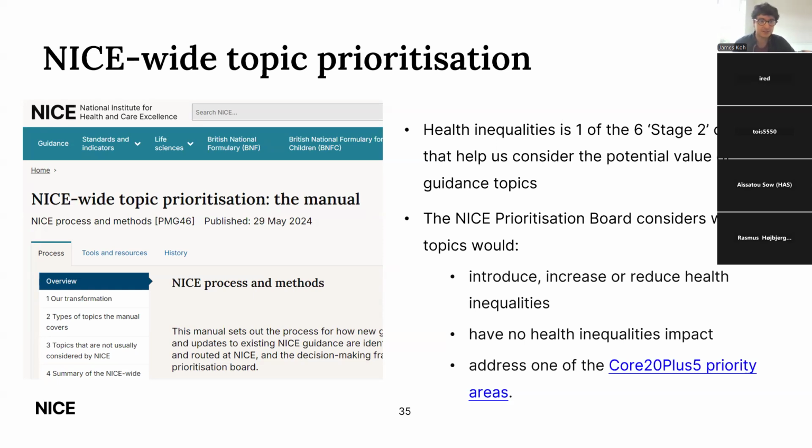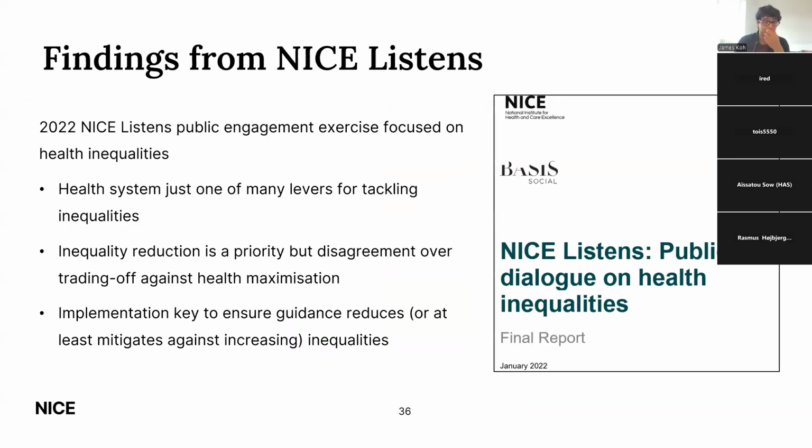So when a topic's potential value is being considered, health inequalities is one of the aspects that are considered. Again, that feeds into the idea that the guidance NICE is producing is also intrinsically feeding into areas where health inequalities might be present and can be addressed.